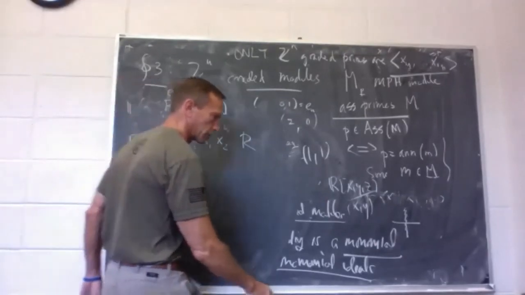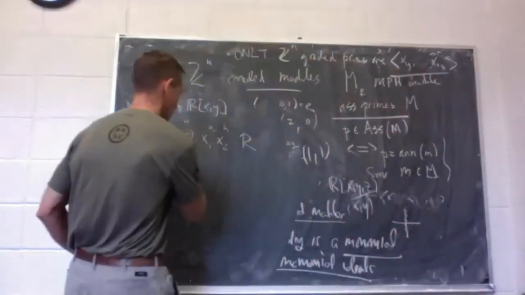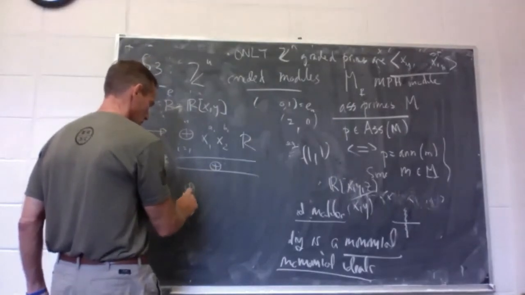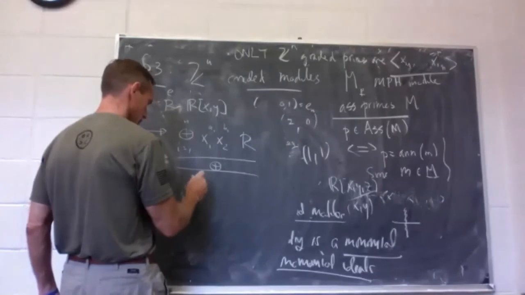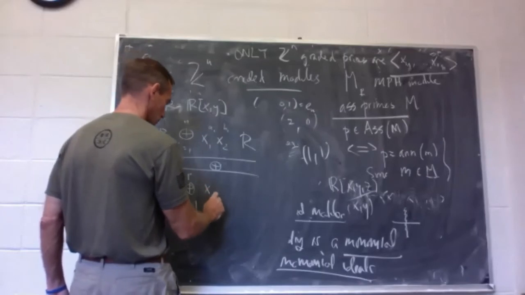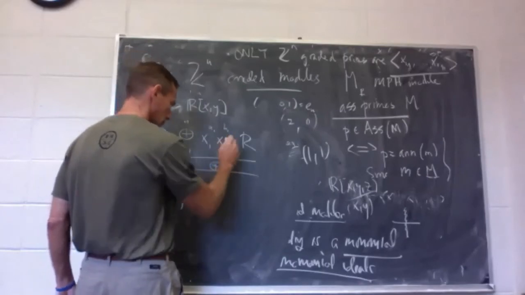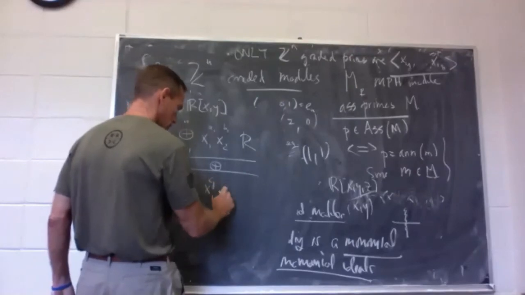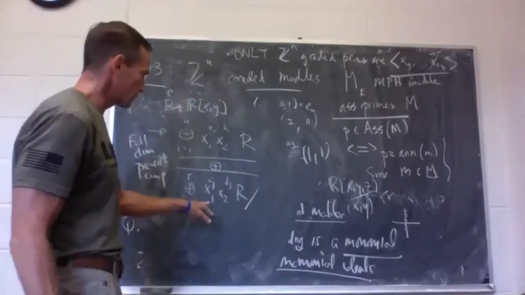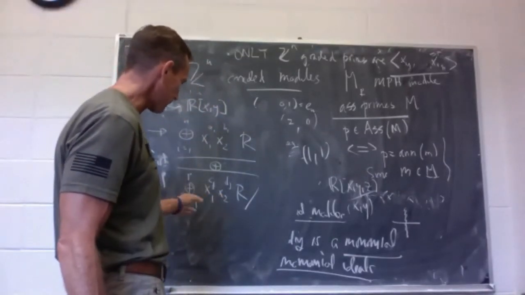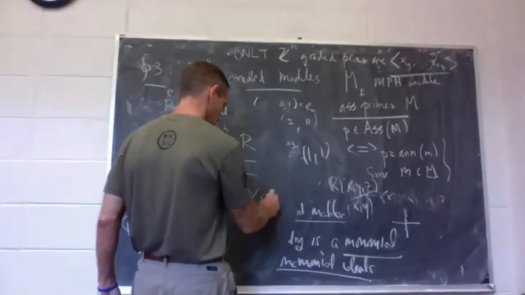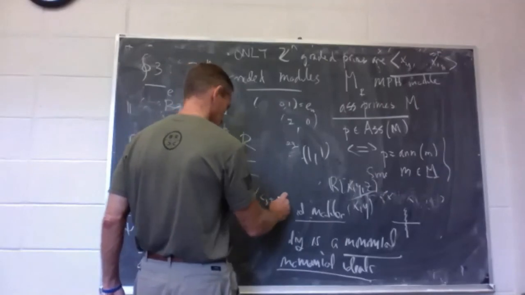And then we'll have something that looks like a direct sum, j equals 1 to p, of x1 to the c_j, x2 to the p_j, R modulo something. Now I'm going to kill off something that looks like, let's say, x1 to the c_j plus e_j.